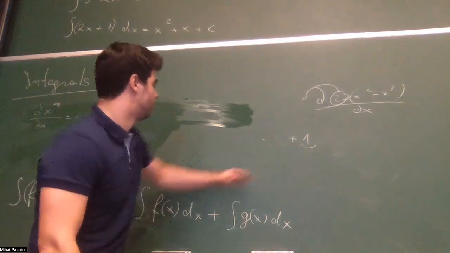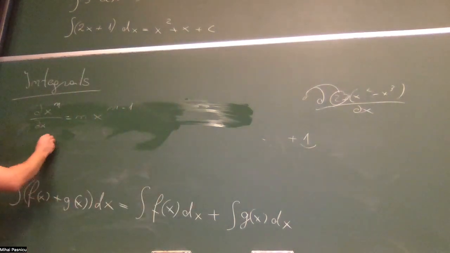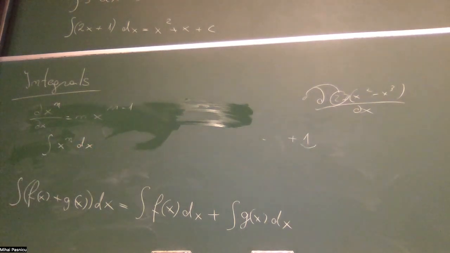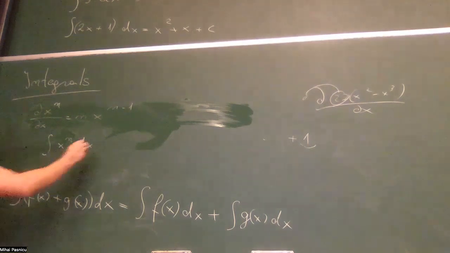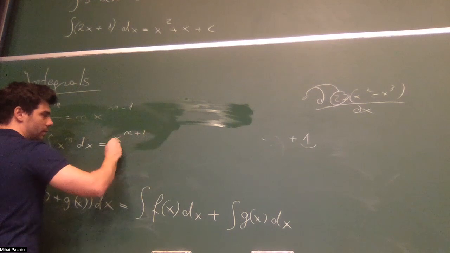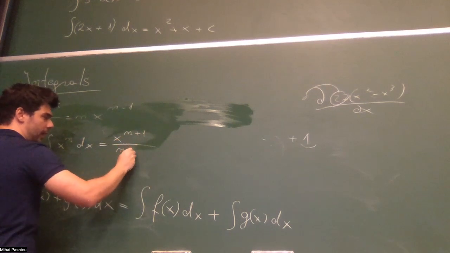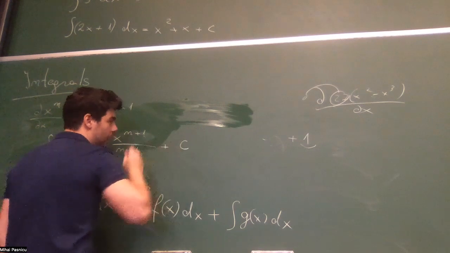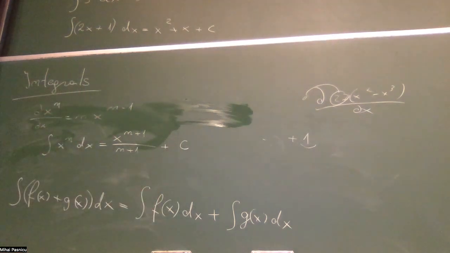Now, for integrals, if I have the integral of x to the n dx, it's just the opposite way around. So it's x to the n plus 1 over n plus 1, plus a constant. Okay, makes sense for everyone.